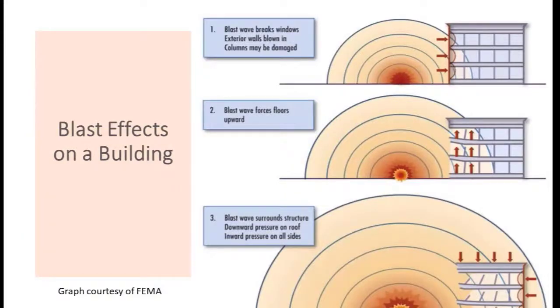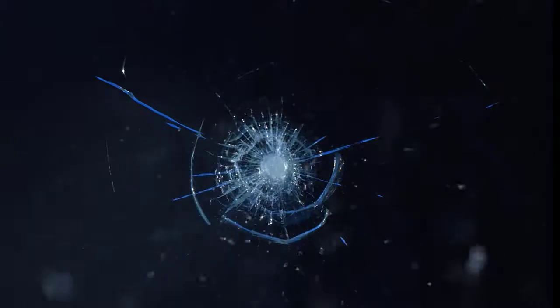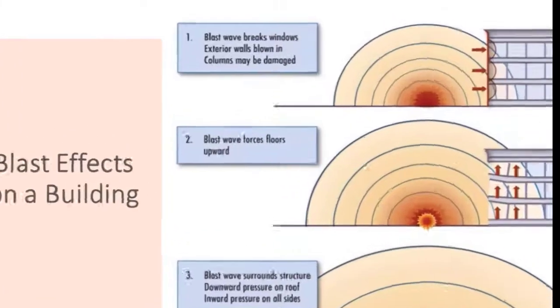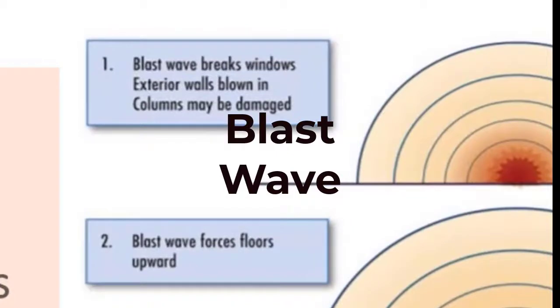Here is an overview of blast effects on a typical building. At first encountering a building, the blast wave shatters windows and may blow in walls. Please note that glass fragments are a very serious kill mechanism that results in numerous casualties. The blast wave now moves and enters the building.